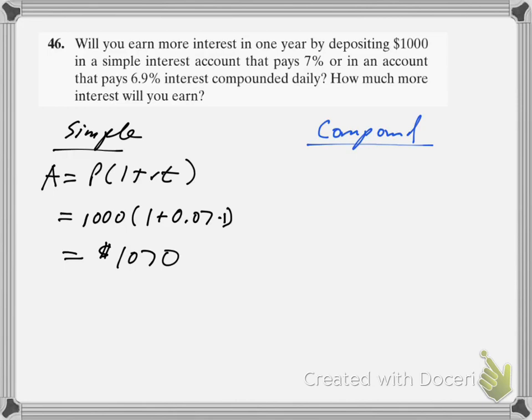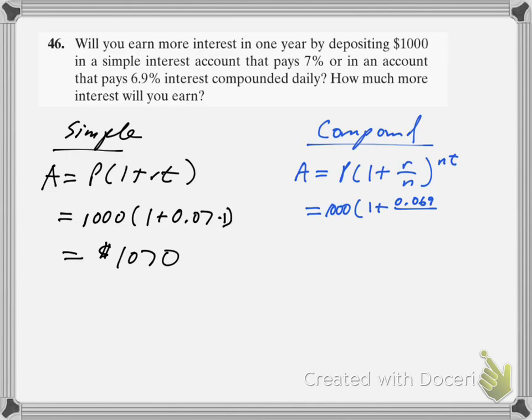Let's look at the compound interest model. 1 plus r over n to the nt. That is going to be $1,000 for the principal, 1 plus my interest rate, which is 6.9%, 0.069.